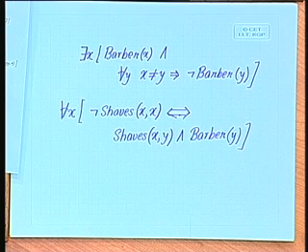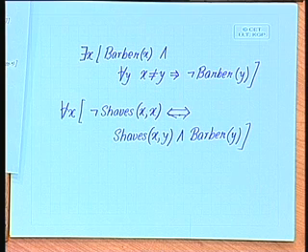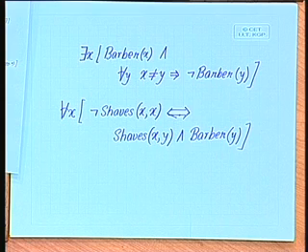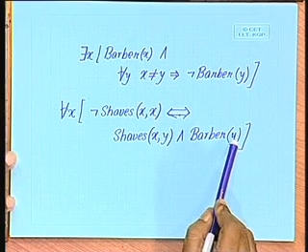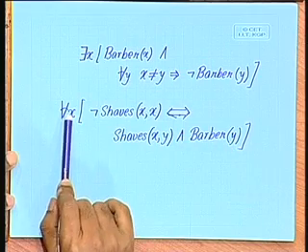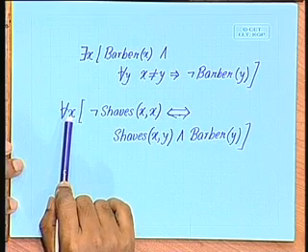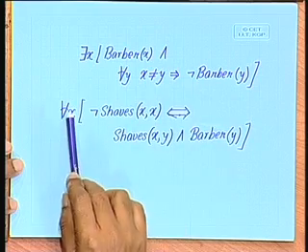Now, where is the problem in this? The problem here is that this y, this barber, this person is also in the domain of this x. This person is also in the domain of this x.